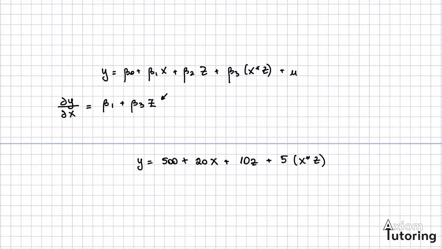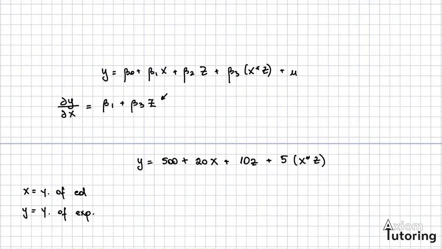Again, let us remind ourselves that x and z are both continuous variables. X is the years of education, which means it can be 2, 3, 4, and so on. And z is the years of experience, where it can be 2, 5, 10 years, and so on. And y being our income as usual.